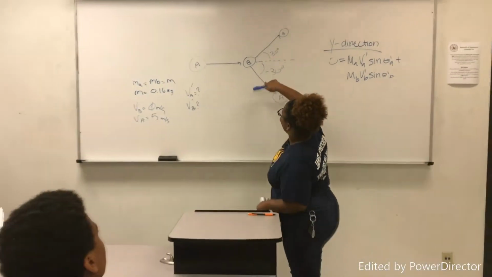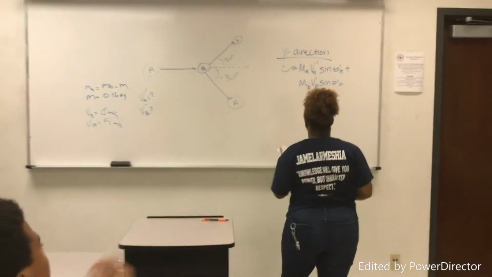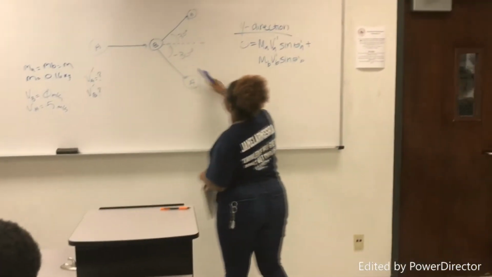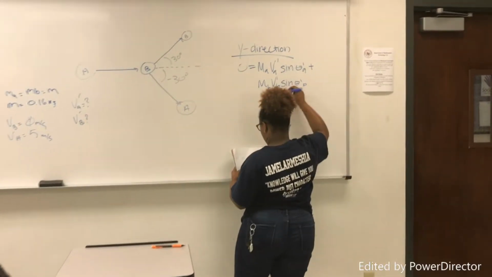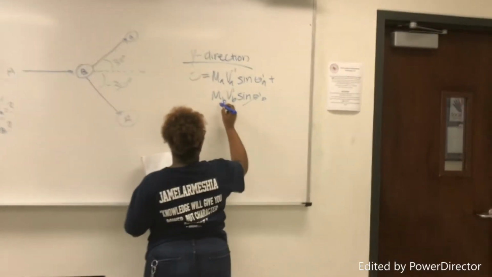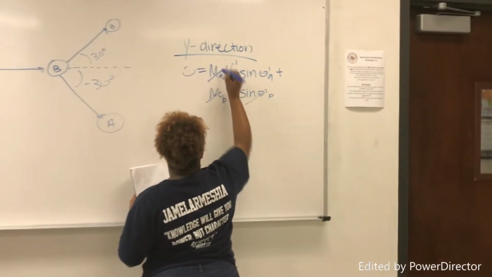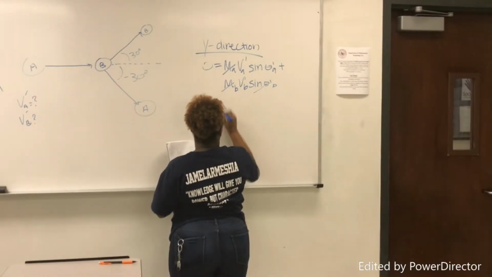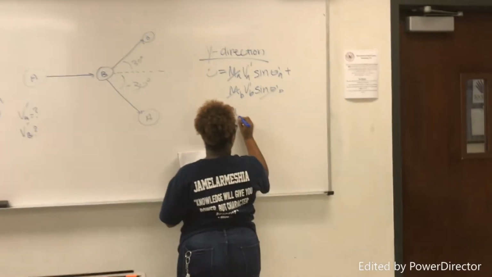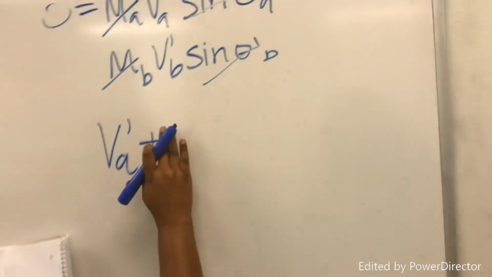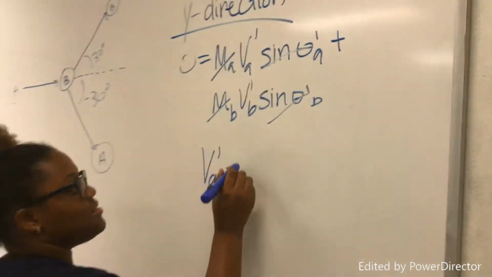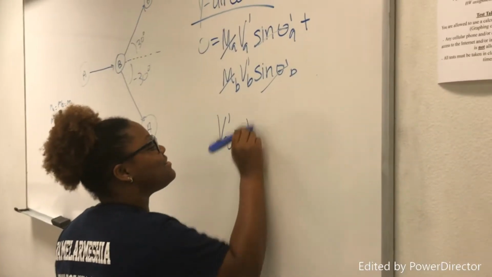Because there's no movement in the y direction. The signs are equal but opposite, so they'll cancel out, and the masses also cancel because they're the same, leaving us with V of A prime minus V of B prime.